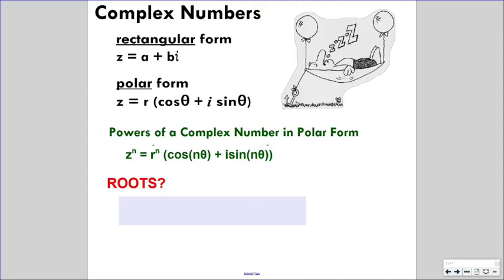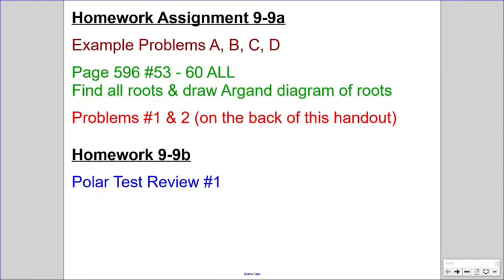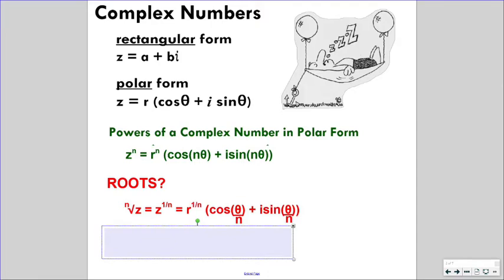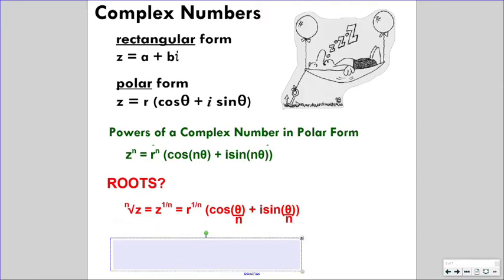We learned how to divide complex numbers in polar form or raise a complex number in polar form to a power. So we're going to build on that last piece, especially today, the powers of a complex number in polar form, but we're going to be taking roots instead. So it's very similar to how we raise a complex number in polar form to a power, except when we take the root of something, the power then becomes fractional.